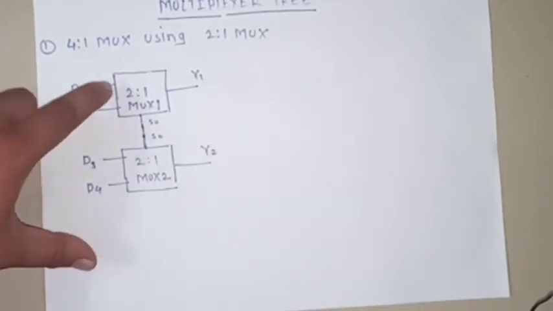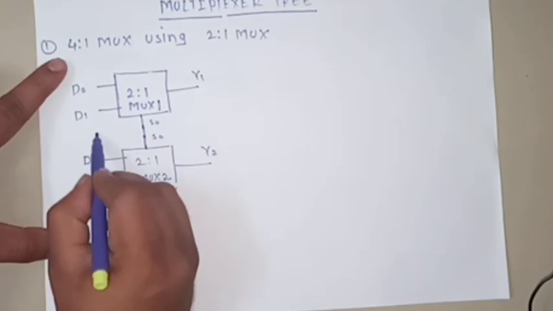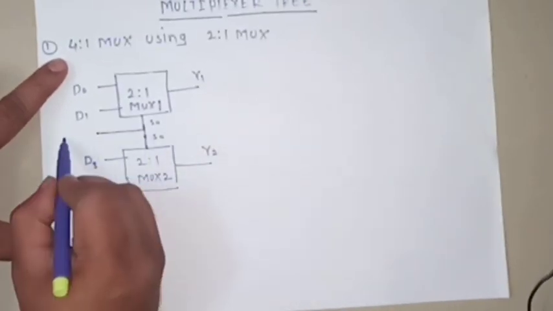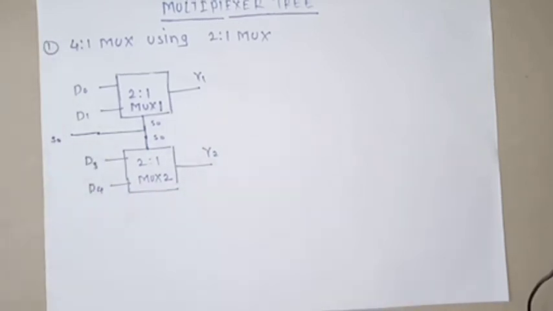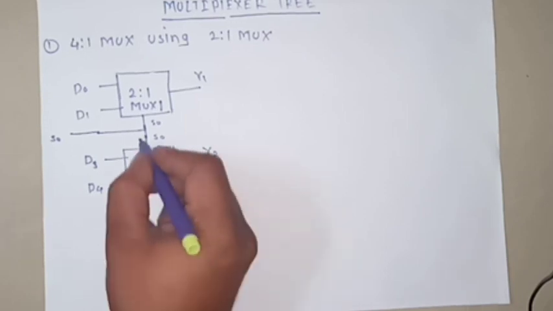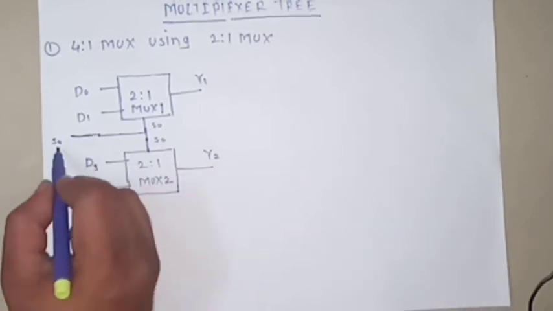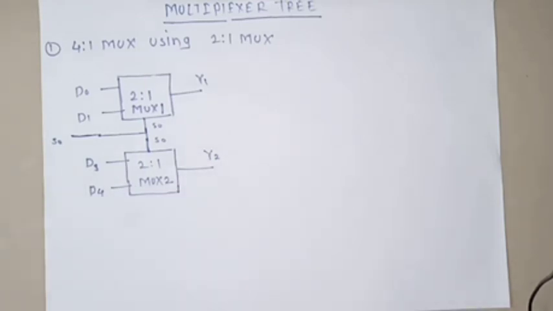The first mux select line is directly connected to the second mux select line, and the combined line is referred to as S0. But for a 4:1 mux we require two select lines, and here we are getting only one, so how do we design the second select line?